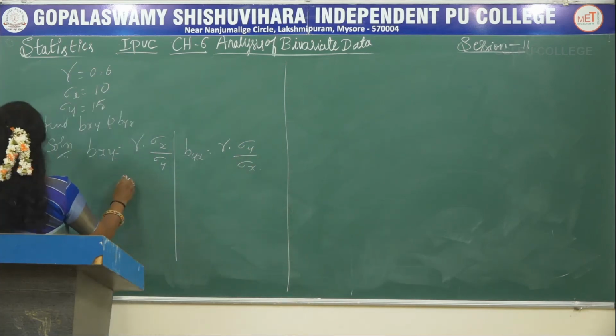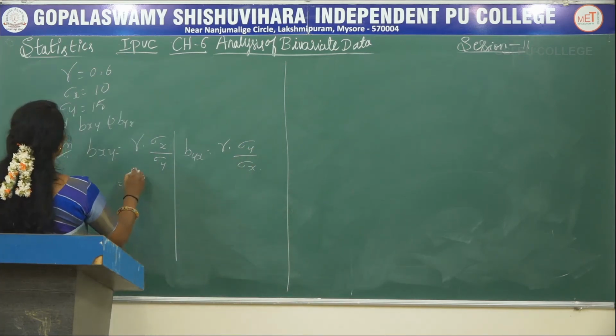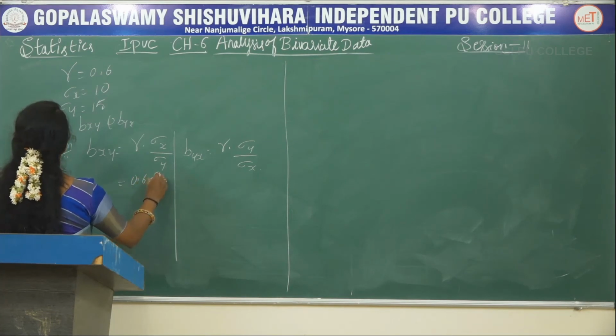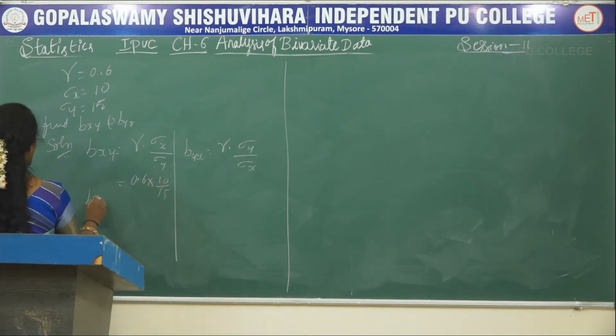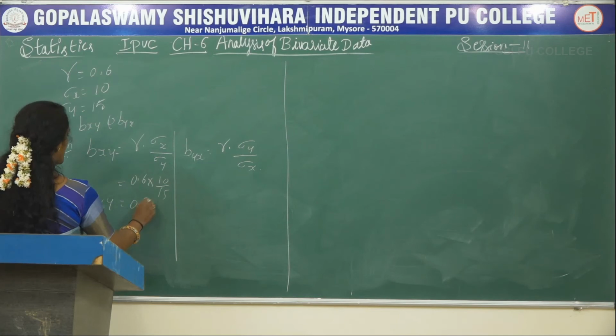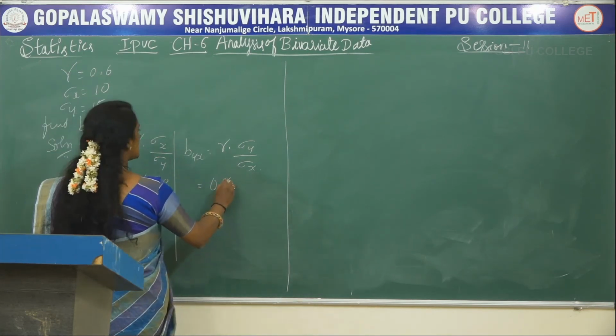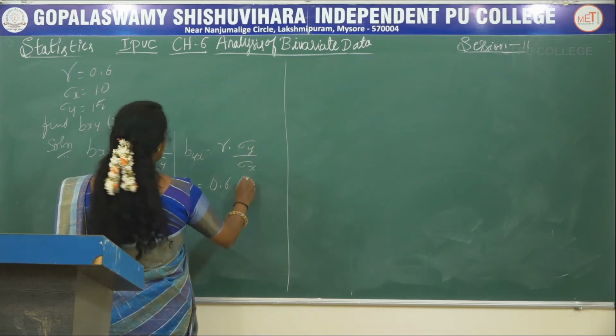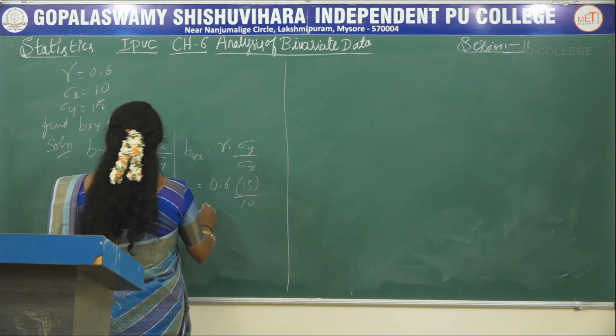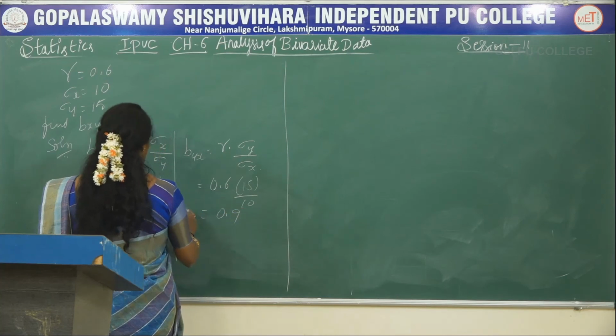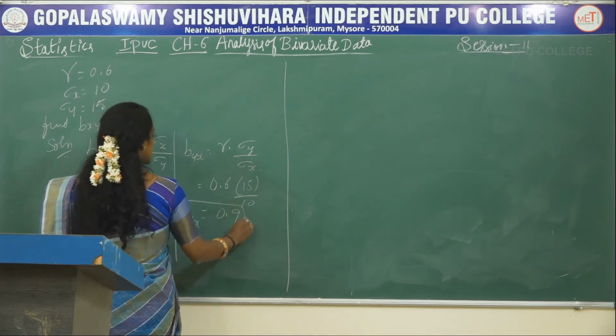So it is 0.6 into 10 by 15, so B of xy is equal to 0.4. Next, this is 0.6 into 15 by 10, so this is 0.9, so B of yx is equal to 0.9.